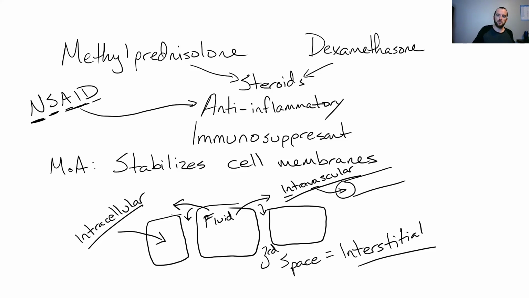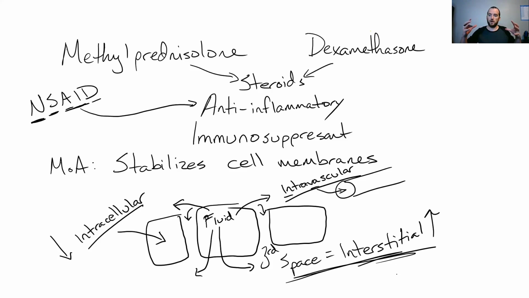In the inflammatory response, though, a lot of that fluid starts to seep out of the cells into this third space. So there's less fluid inside the cells and more fluid inside the interstitial space, the space between the cells, really just into the tissues. And that's what we get: fluid leaking out into the tissues, and those tissues start to swell.